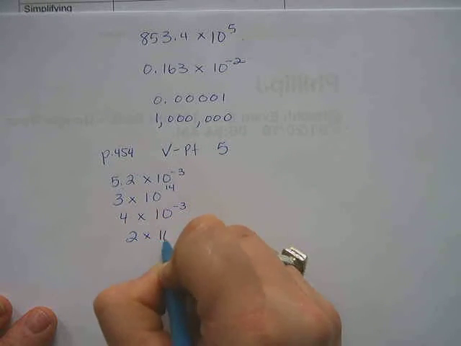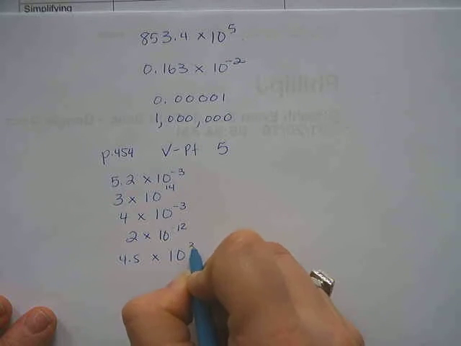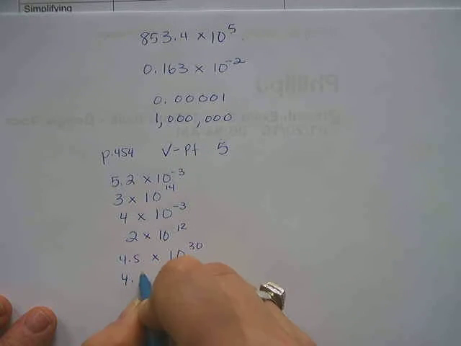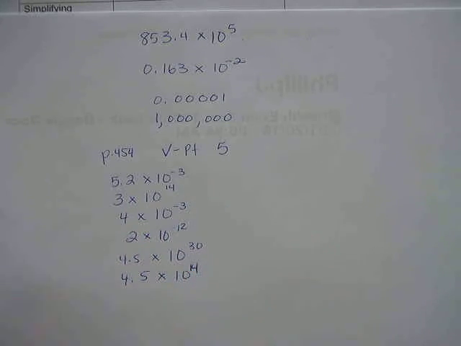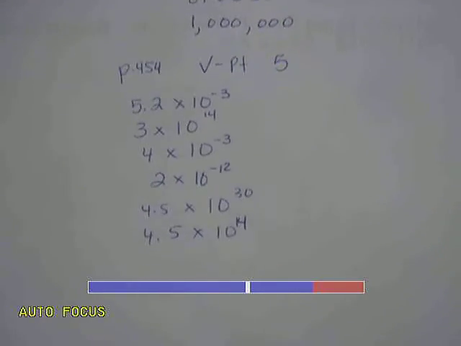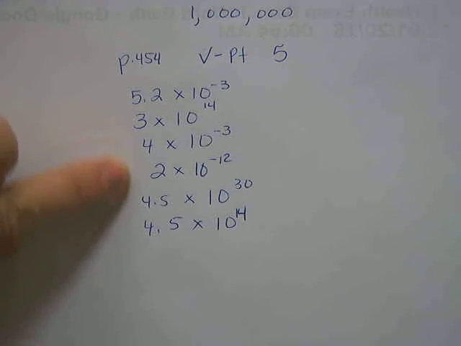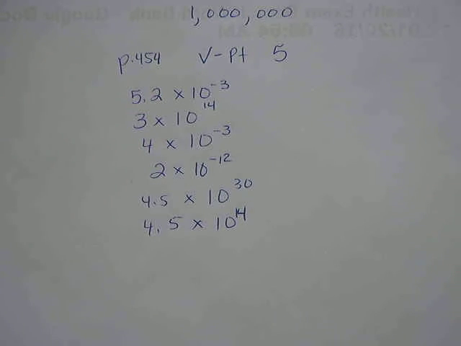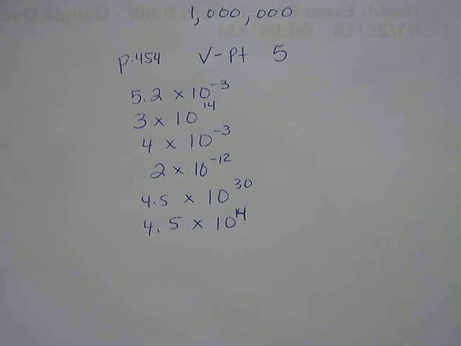You need to take all of these numbers and order them from least to greatest. Okay, so if you need to pause the video, but you're going to order these from least to greatest.